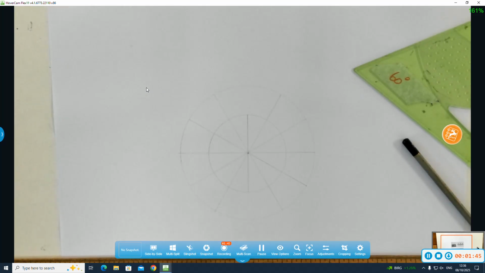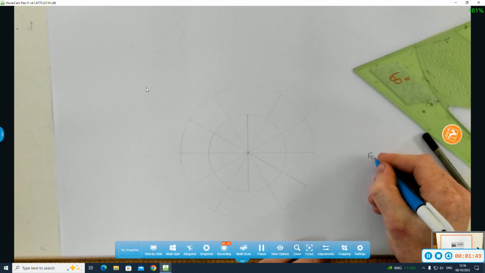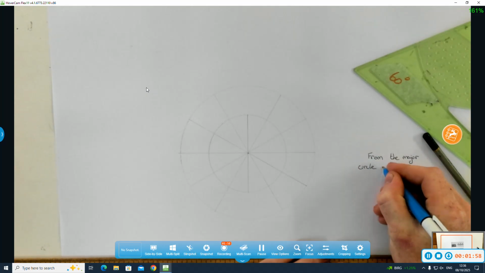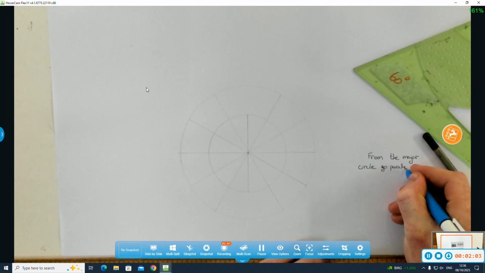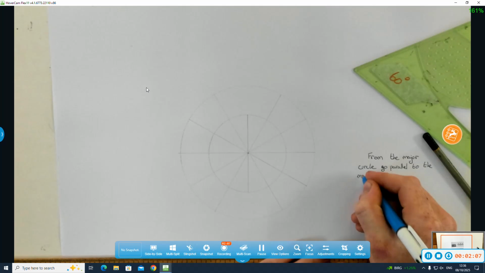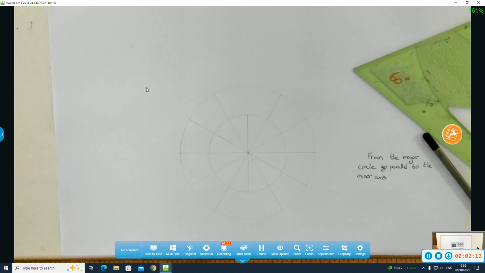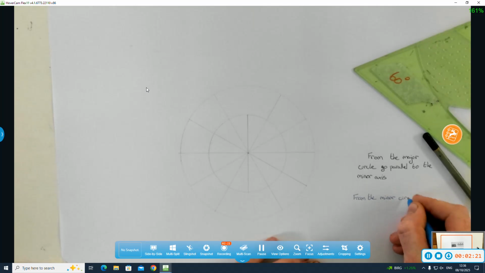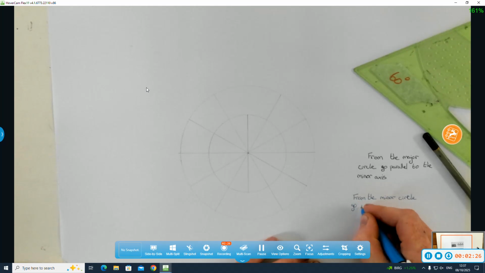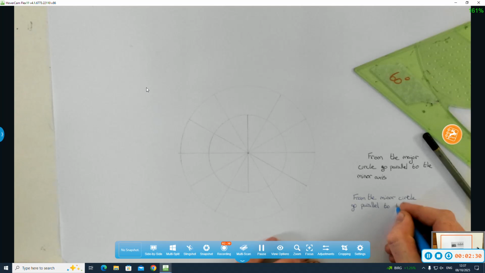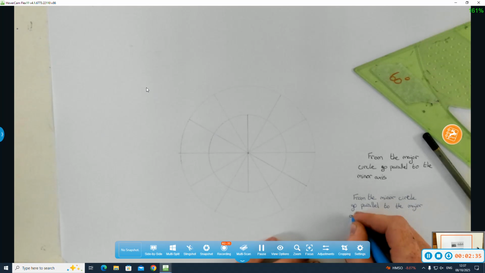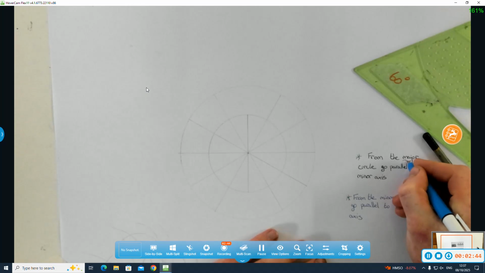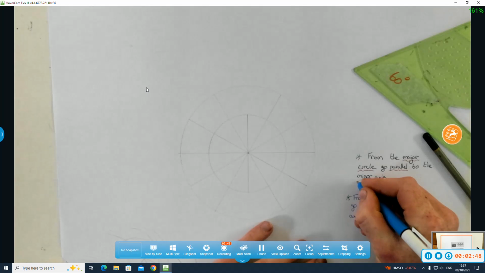Okay, next thing now. So from the major circle, we go parallel to the minor axis.